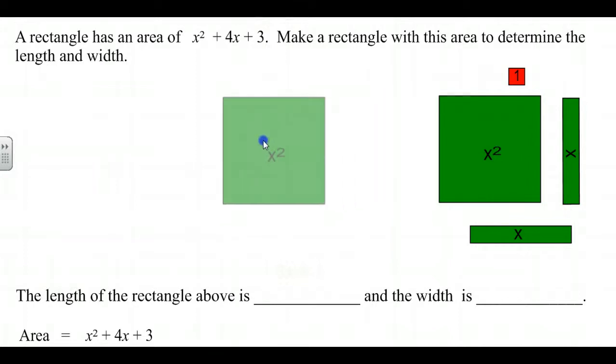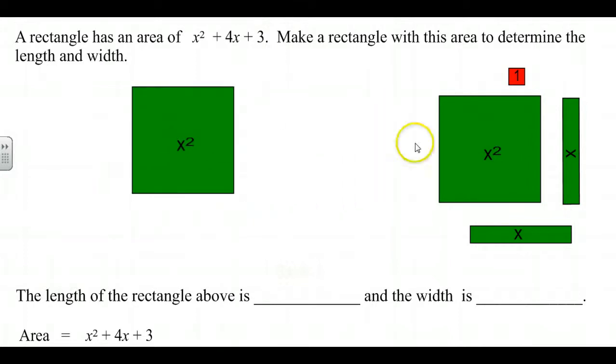Okay, so I'm going to need an x squared. Now I need 4 x's and 3 1's. So here I'm just going to drag 3 1's over here, and let's figure out how I'm going to do the x's. So let's say I put 1 here.